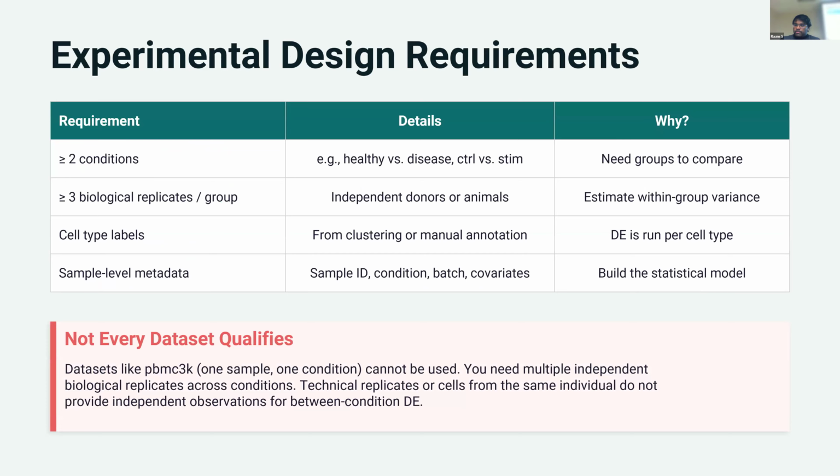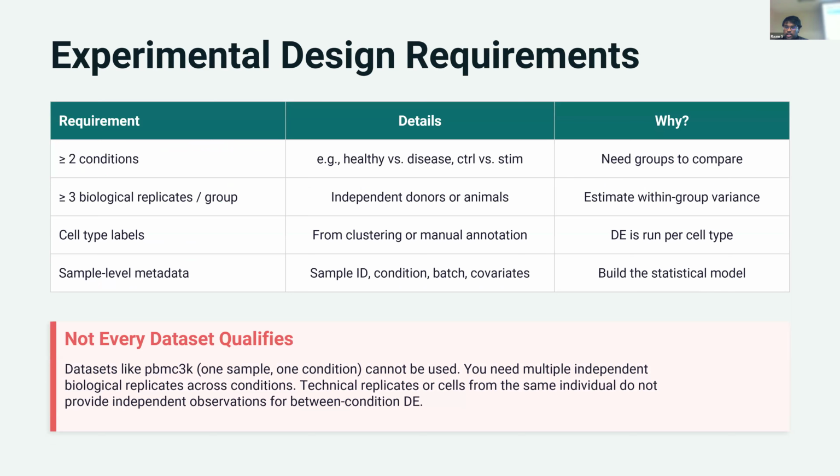So before you actually do differential expression, you need to check your experimental design. Biological replicates means independent donors, not technical replicates, or not different wells from the same patient. So you need two or more conditions, with at least 3 replicates per group.